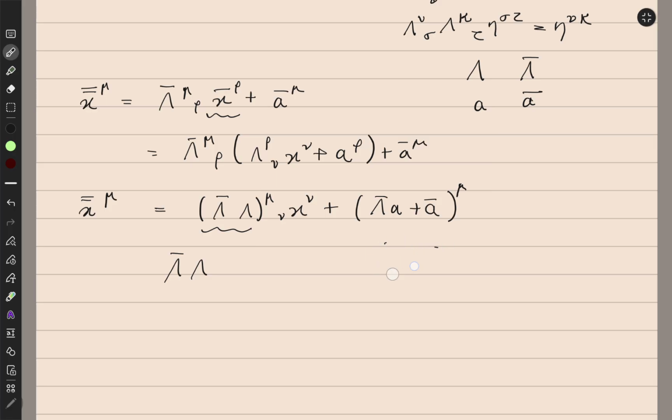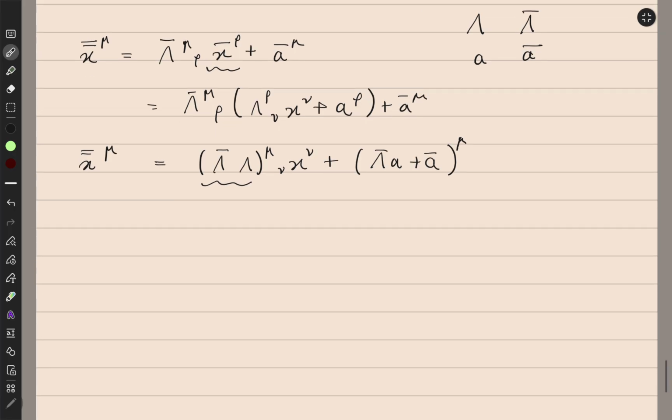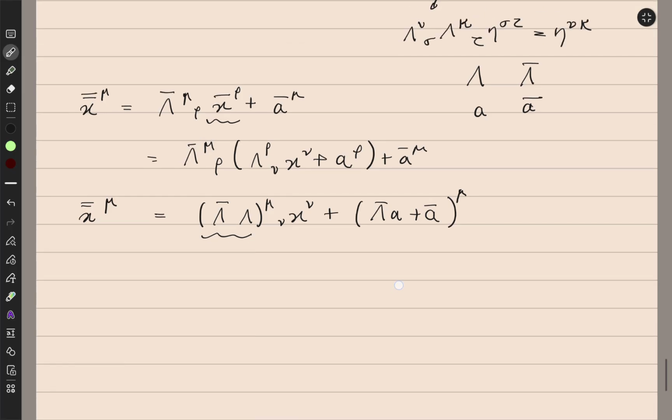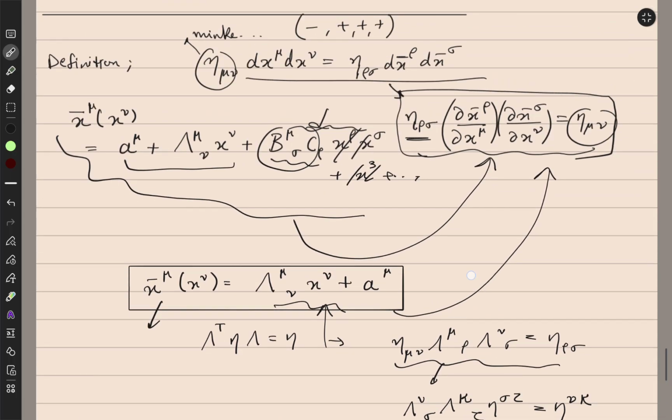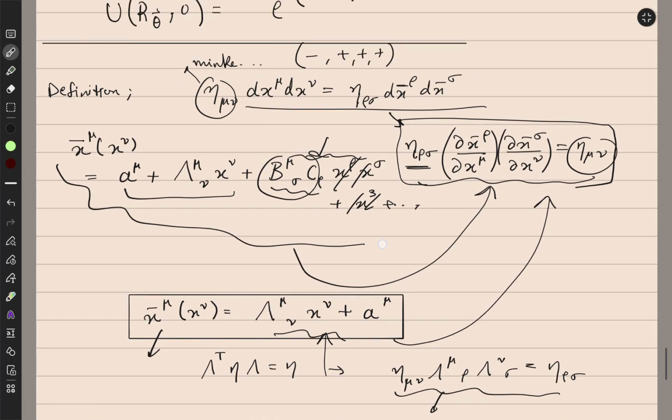This is some sort of inhomogeneity in this whole rule. So what we can say is that, by the way, from the last video we saw that for every symmetry transformation, these things leave this guy invariant: dx square minus dt square.